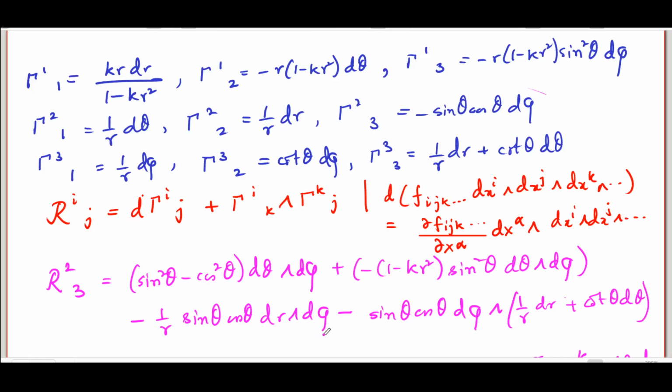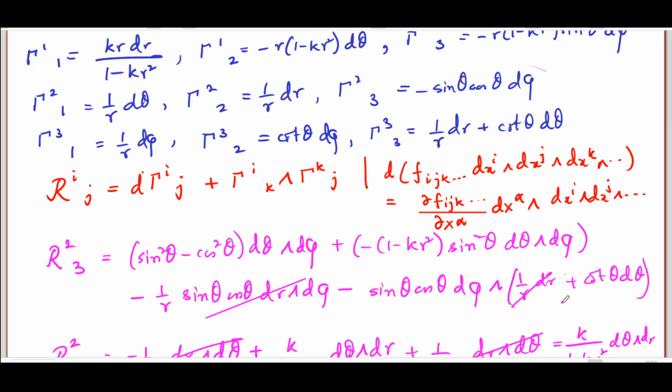The dr wedge d phi term is pretty easy to identify here. You have a minus 1 by r sine theta cosine theta as a coefficient here. Here you have minus sine theta cosine theta by 1 by r as a coefficient once again, but you have dr wedge d phi in one and d phi wedge dr in the other. So these two terms just cancel each other out. What about this?